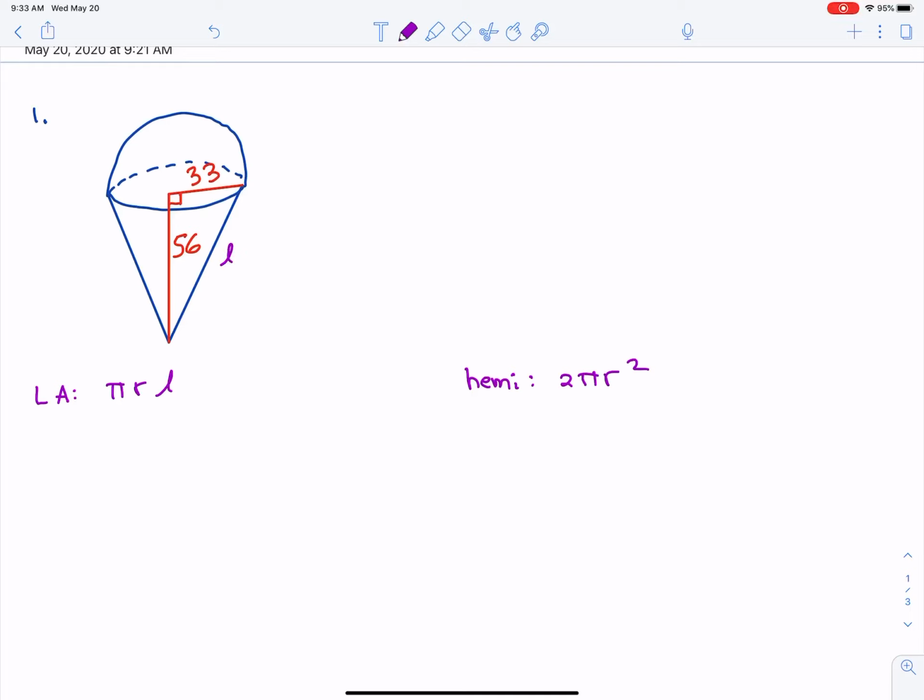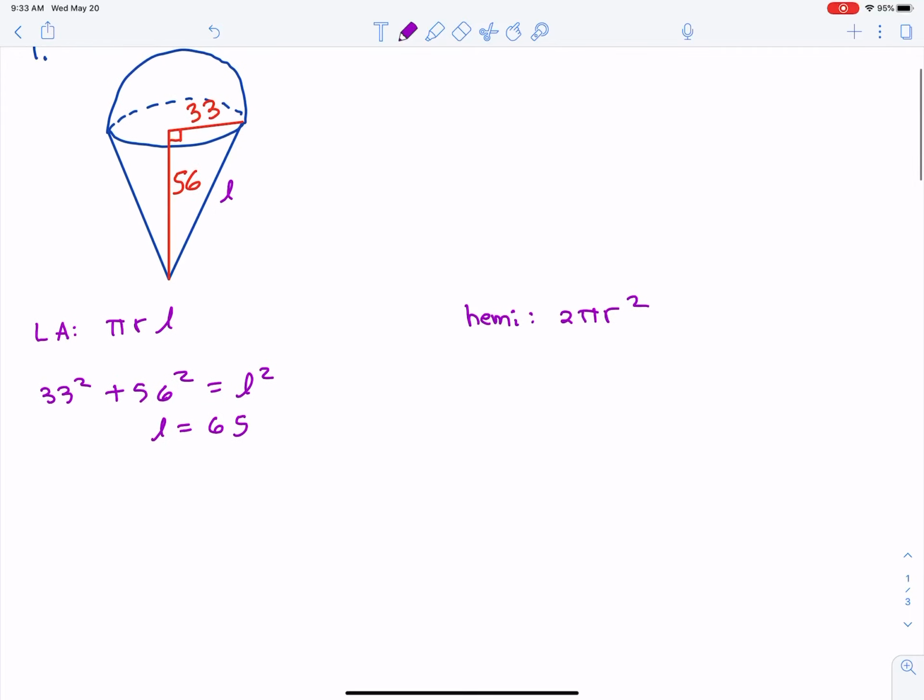L is the slant height. So 33 squared plus 56 squared equals L squared. Once you finish solving for the slant height, you're going to get L is 65.